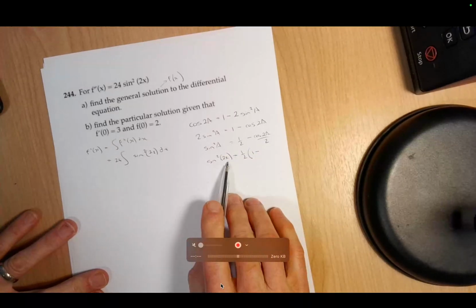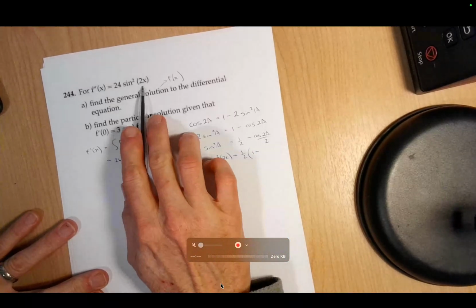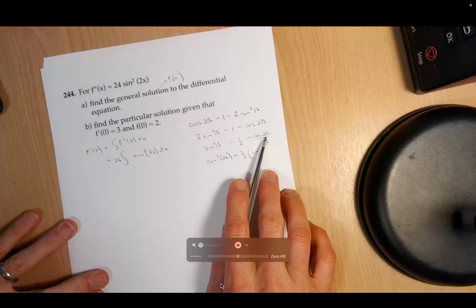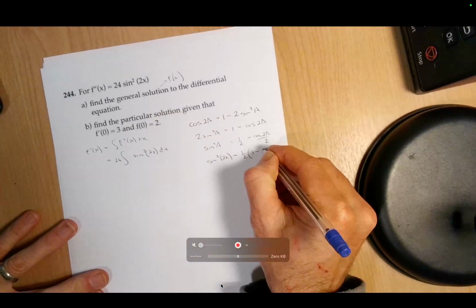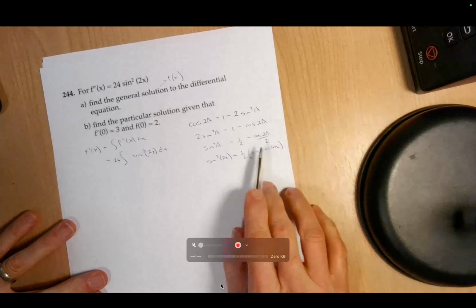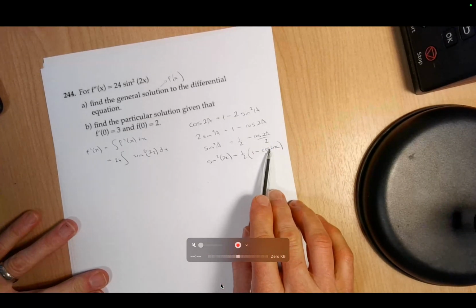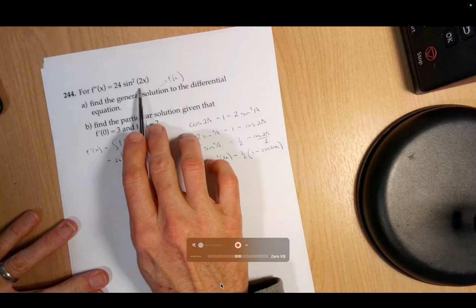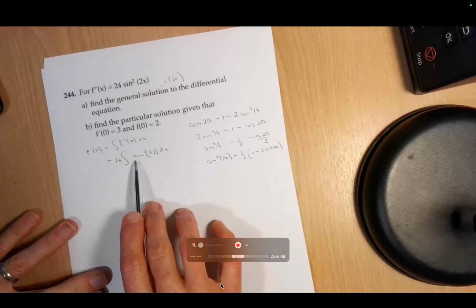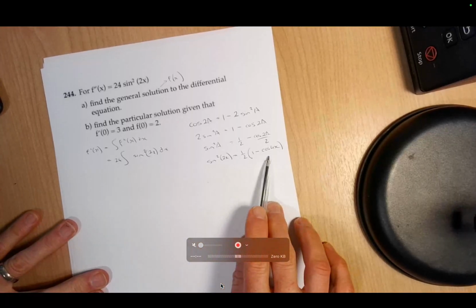Okay, if a was 2x, because the angle is 2x, therefore that's going to be cos 4x. And obviously the half has been taken out. So that was 2a. If a is 2x, then 2 times 2x is 4x. So that can be replaced with that.